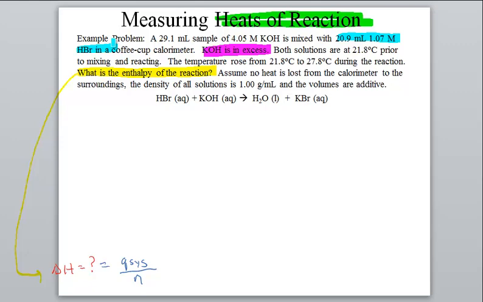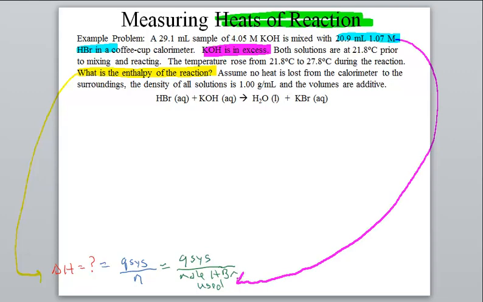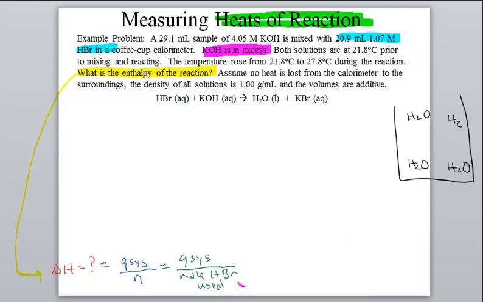And that'll be our bottom part, our bottom measurement for delta H. So that volume and that molarity concentration will allow us to calculate how many moles of HBr are used. As far as Q of the system, how can we tell how much energy is flowing from the system to the surroundings?